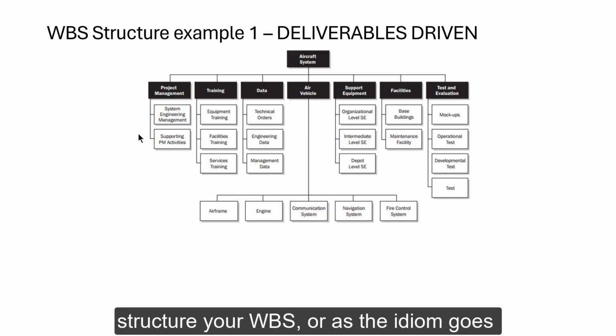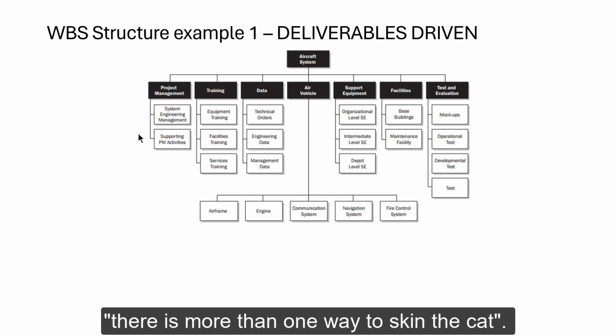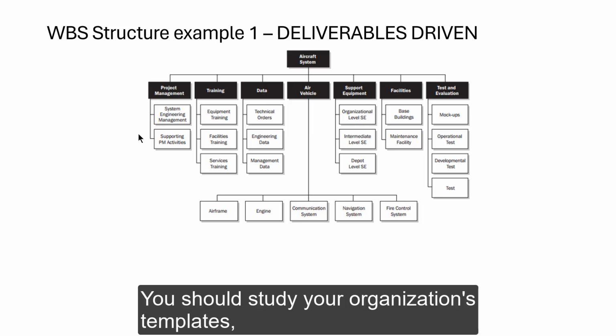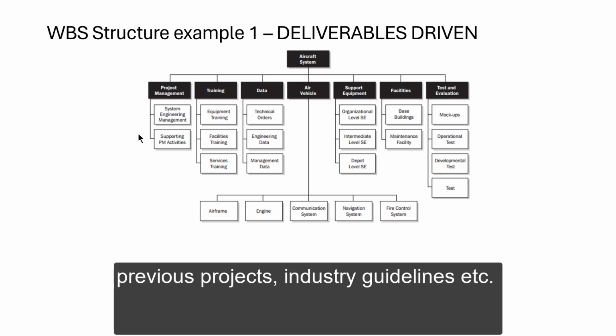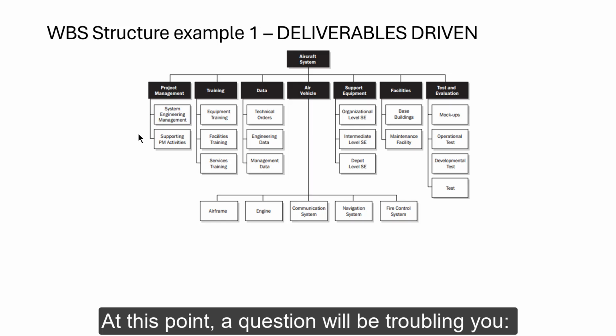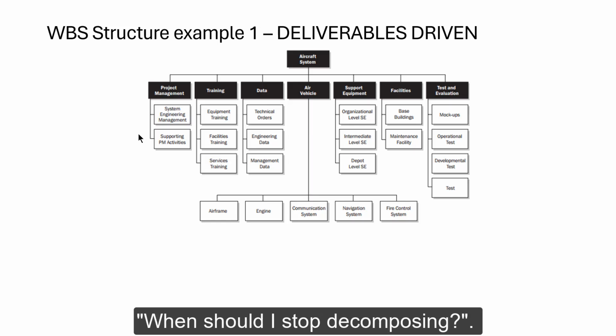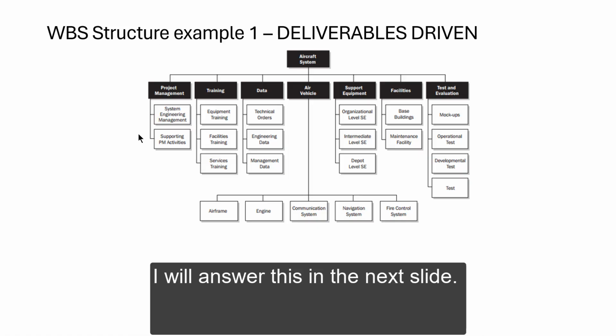Or as the idiom goes, there is more than one way to skin the cat. Okay? You should study your organization's templates, previous projects, lessons learned, industry guidelines, etc. for you to design your own project. And at this point, a question will be troubling you. When should I stop decomposing? And I will answer that in the next slide.